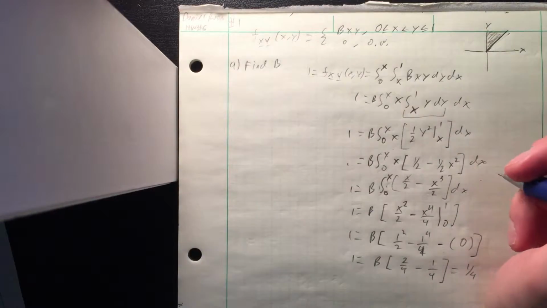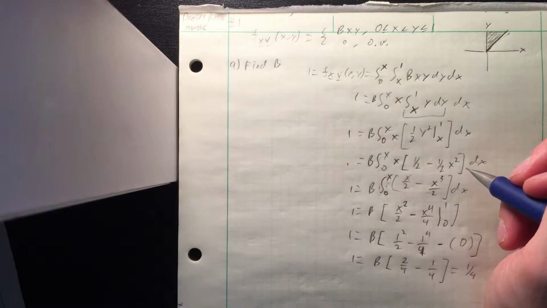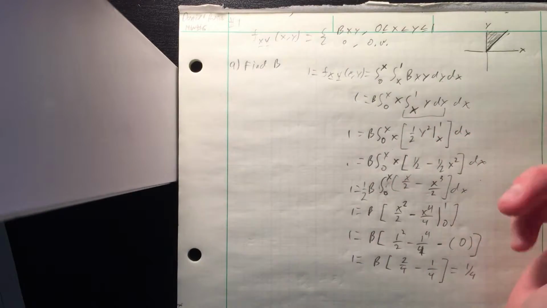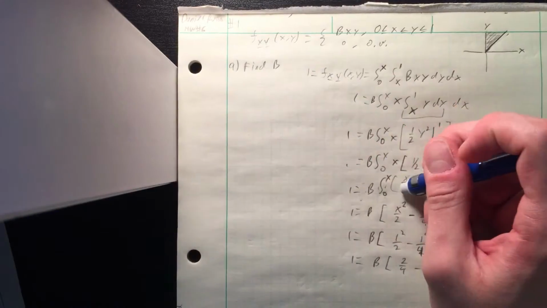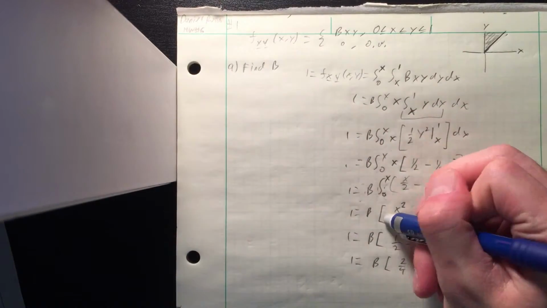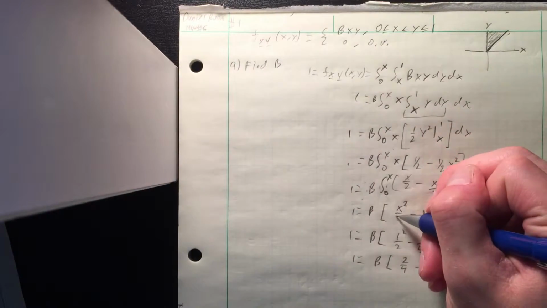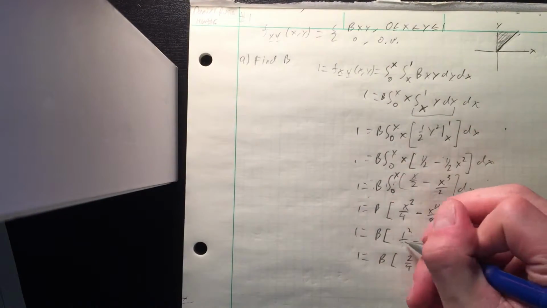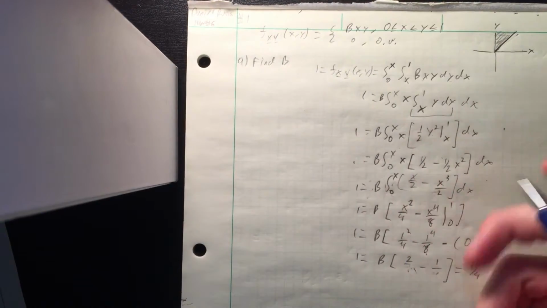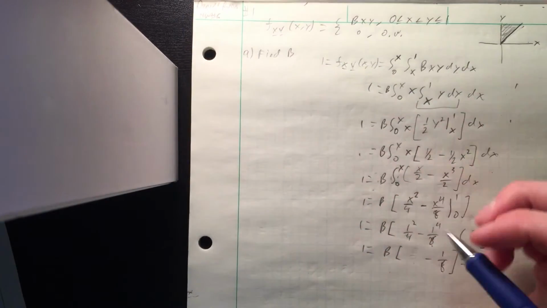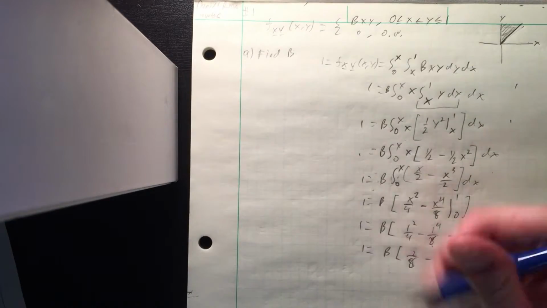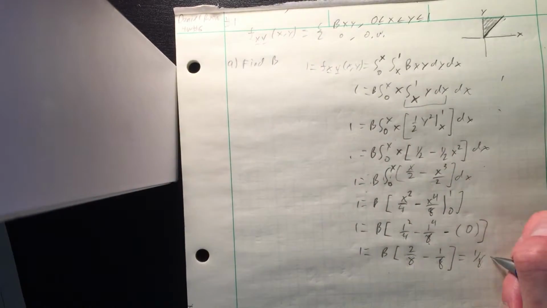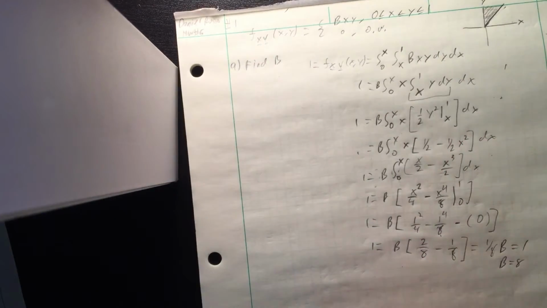I pulled out the 1/2 to make it a little cleaner, but if we left the halves in there, that would be 1/4 and 1/8, and this would be 2/4 or 2/8, so that would be equal to 1/8. So b is equal to 8 in this case.